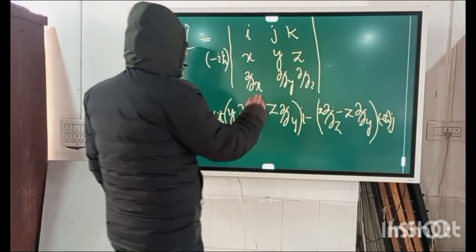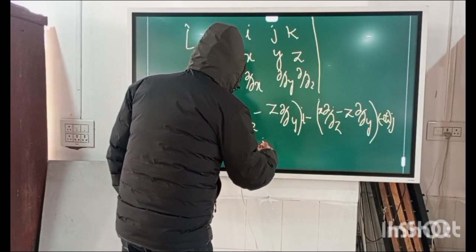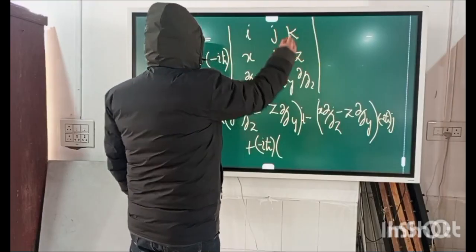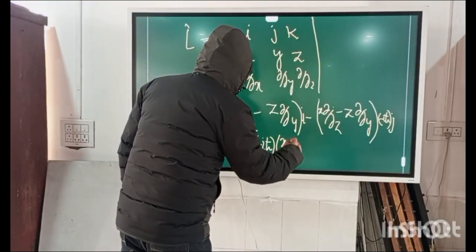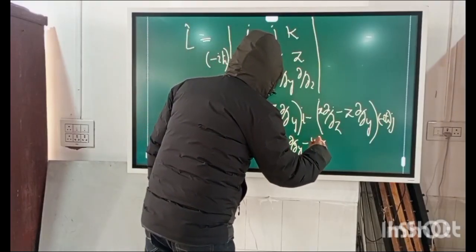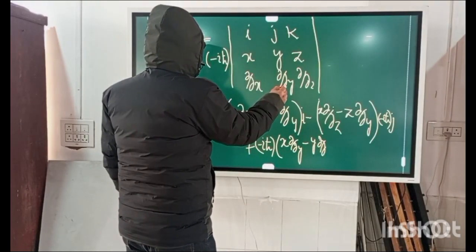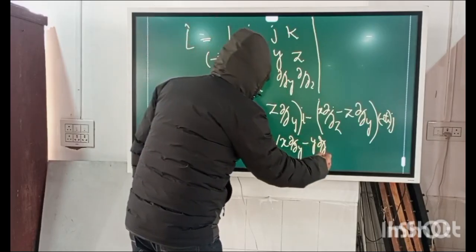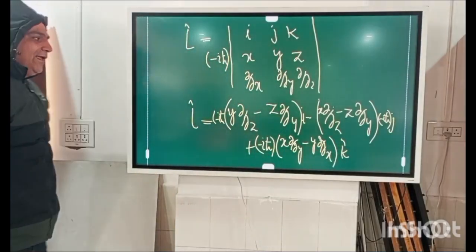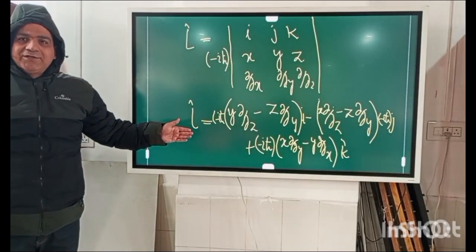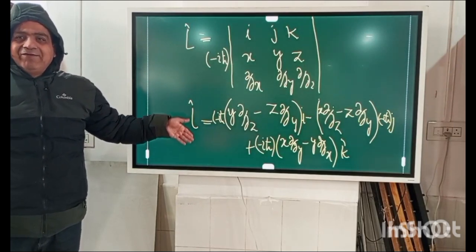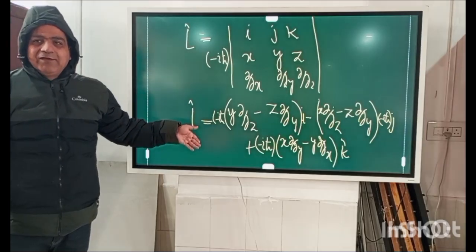And the third term is minus i h bar times x dou by dou y minus y dou by dou x, with k. So this is your k, right? You have an operator in 3 dimensions, and it will have 3 components. This operator itself will have 3 components: Lx cap, Ly cap, and Lz cap.